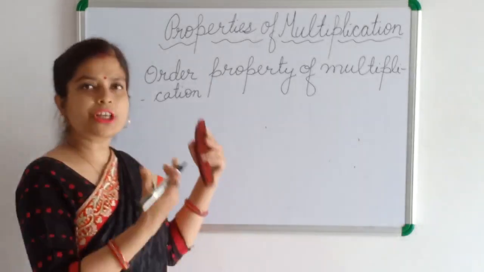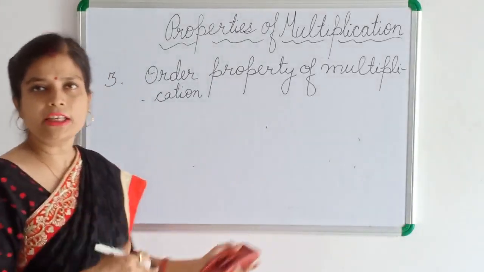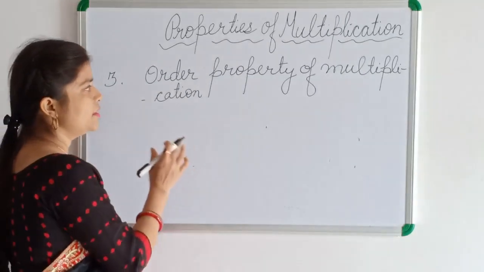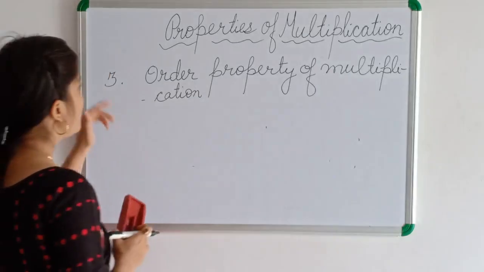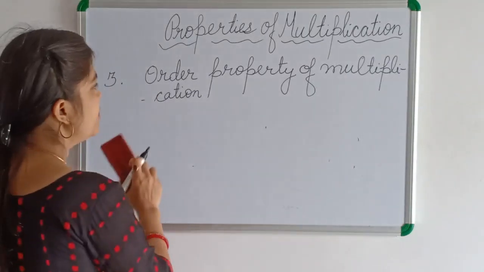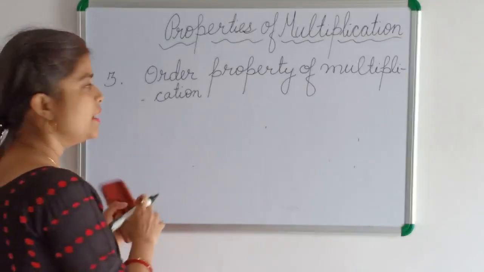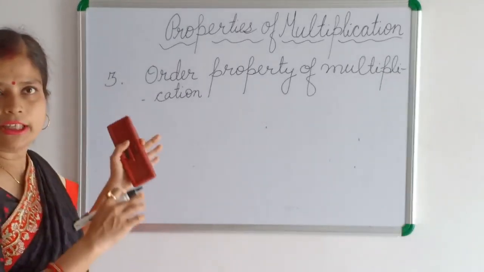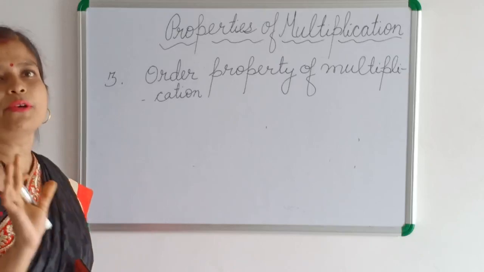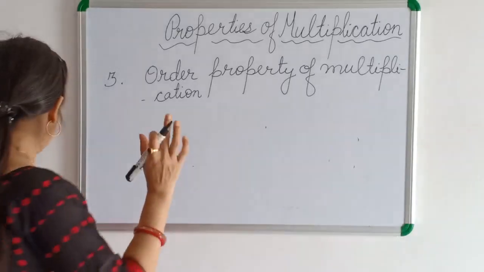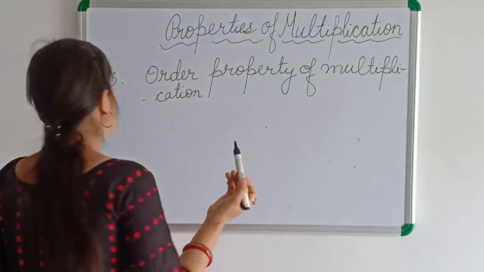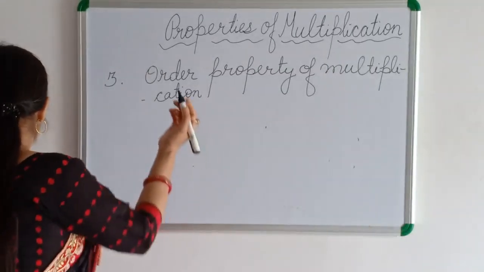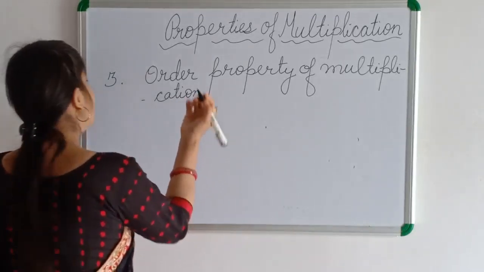Order means which comes first, which comes second, and which comes third. So here it is given in the order property that if the order of the multiplicand and multiplier changes, it will not affect the product. The product of two numbers will always remain the same even if they are multiplied in any order.